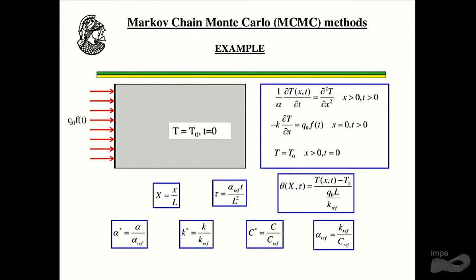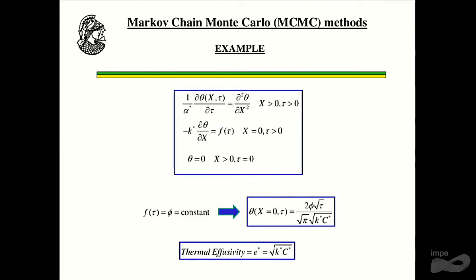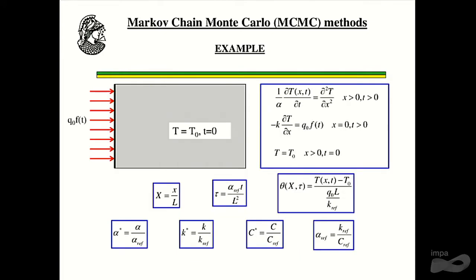Let's write it in dimensionless form, with these reference values for thermal conductivity, volumetric heat capacity, etc. And then we get this representation which has two parameters, alpha star and K star, a dimensionless thermal diffusivity and a dimensionless thermal conductivity.